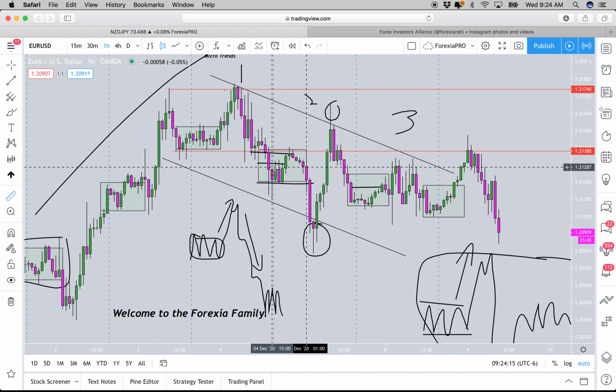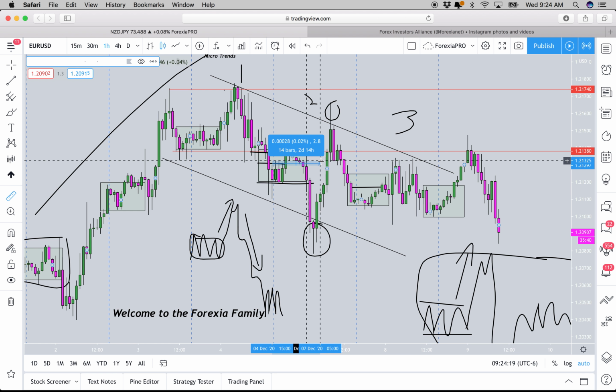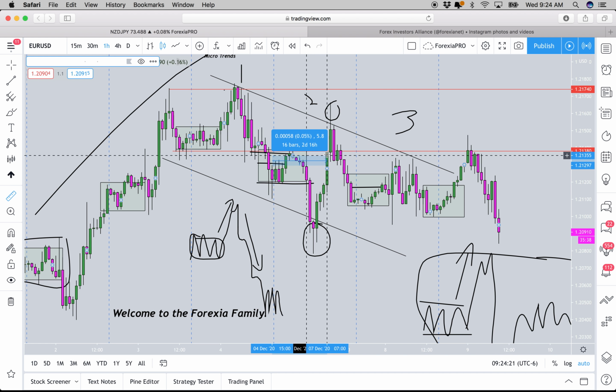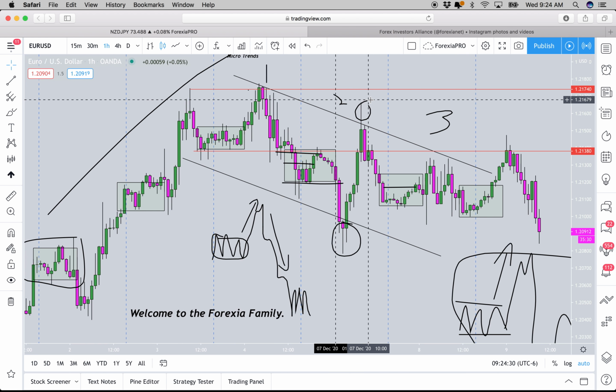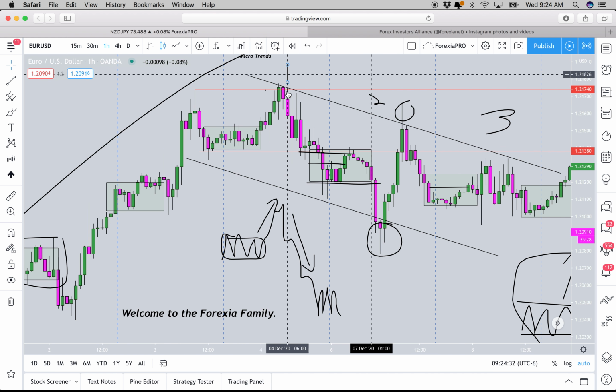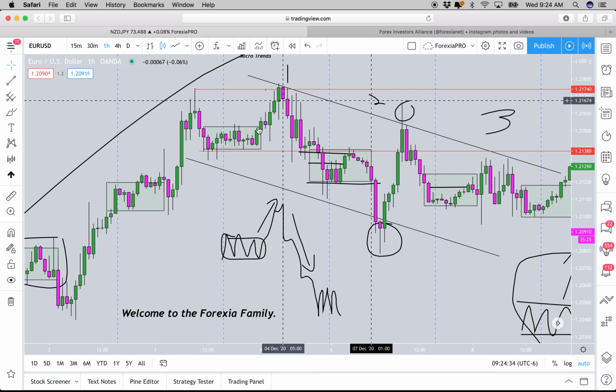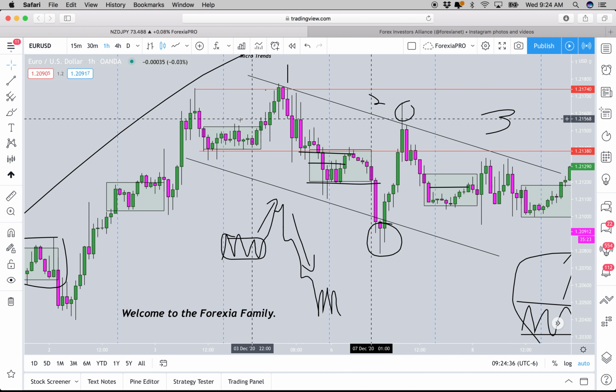Let's take the next session. The next session is New York session. So New York session is the reversal session. Let's actually look at day 1 here, because here we can see New York session reversal happening very, very well.